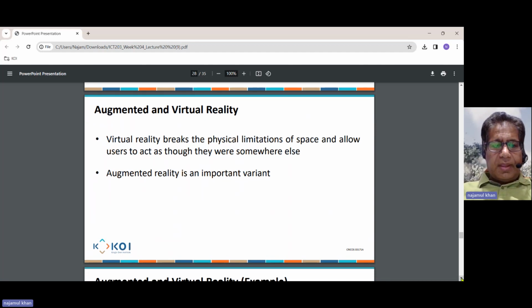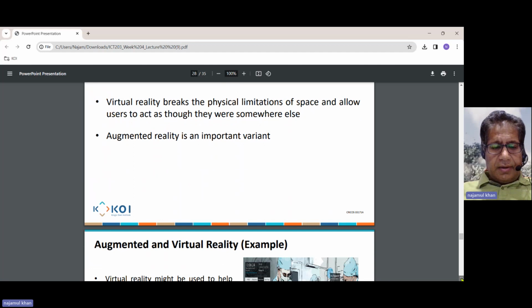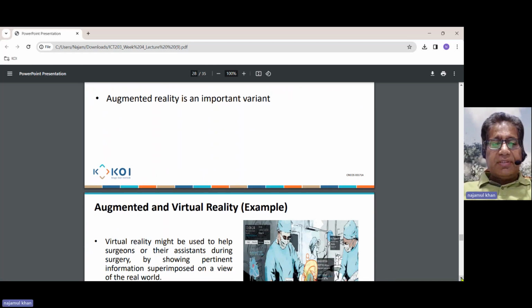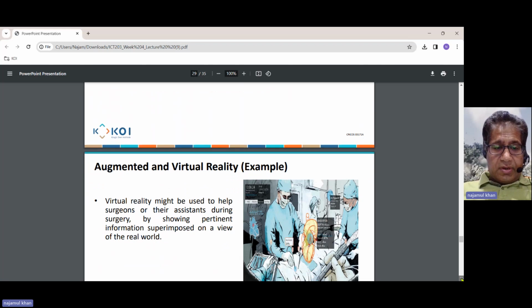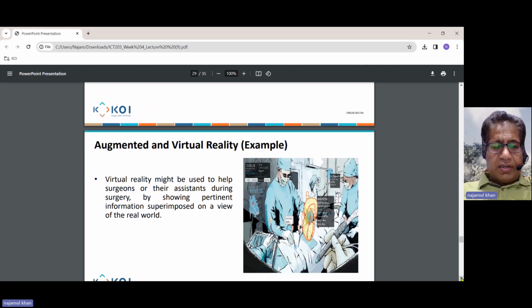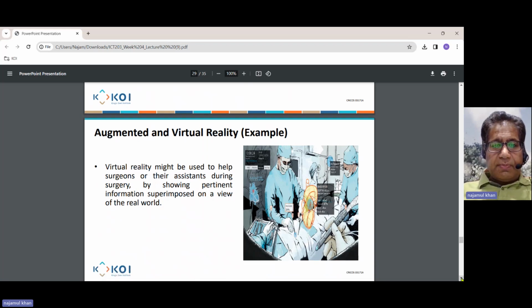Okay, now apart from that, we've got some examples here, guys. You can see it shows you more. In this example, surgeons during a surgery can see more relevant, pertinent information superimposed on a view of the real world. As you can see, there is extra information being shown to these surgeons.